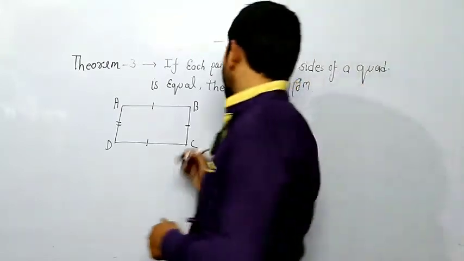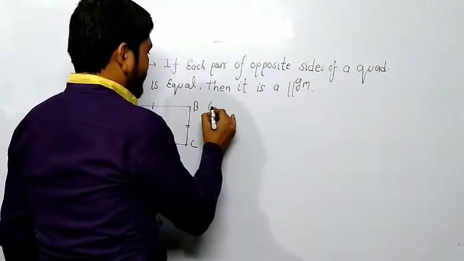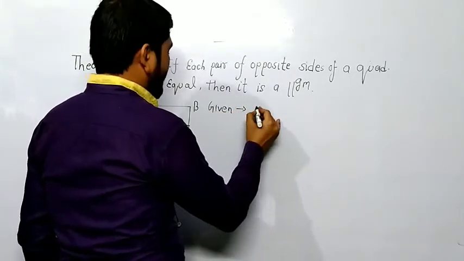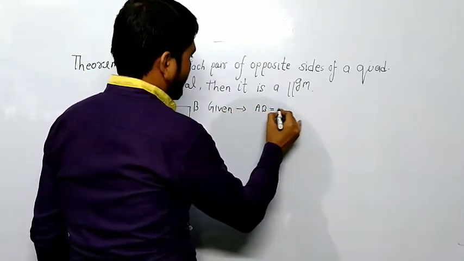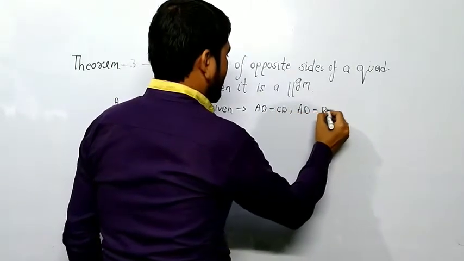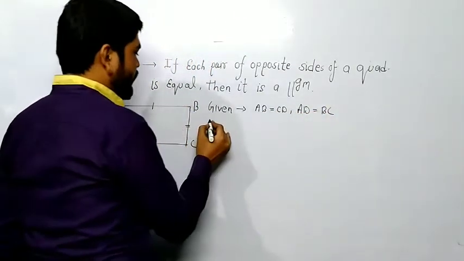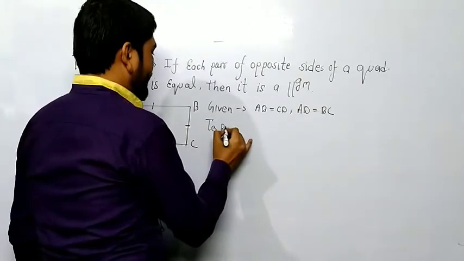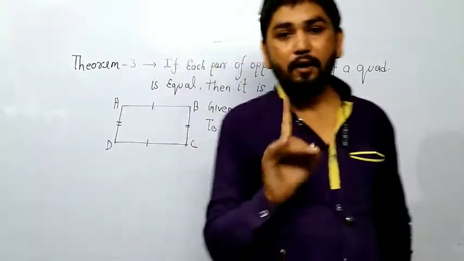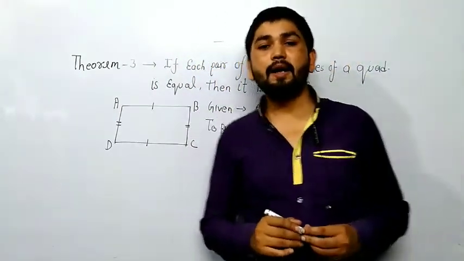So we write given: AB is equal to CD and AD is equal to BC. We need to prove ABCD is a parallelogram. This thing we need to prove.